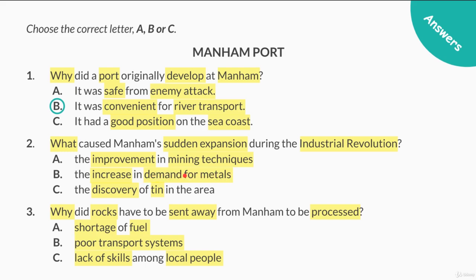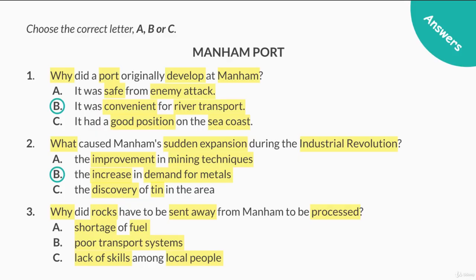And because it was already so busy, prospectors began to look for other minerals, and by the end of the 19th century, lead, copper, manganese and arsenic were added to the cargoes leaving Manham. In the early days, the ores had been smelted or processed in the same area they were mined.